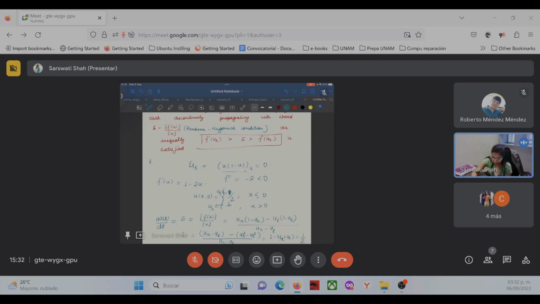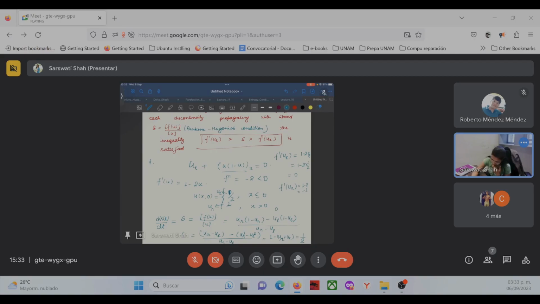Now, if we compute f dash of u_l, it is 1 minus 2u_l. So 1 minus 2 into u_l, which is 1 over 2, gives 0. And f dash of u_r is 1 minus 2, that is minus 1.